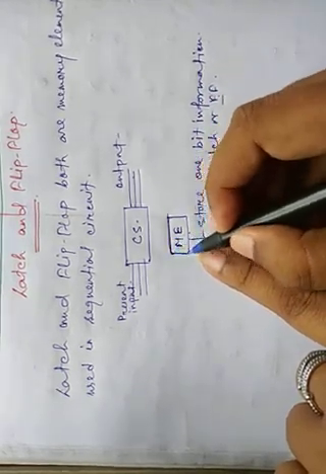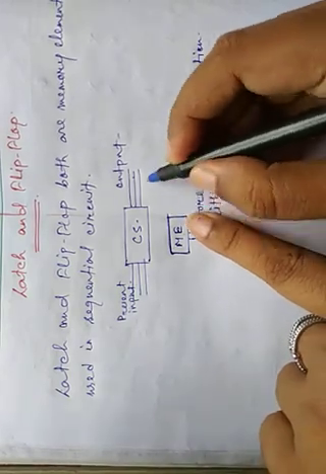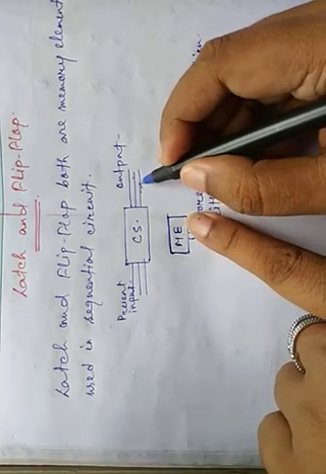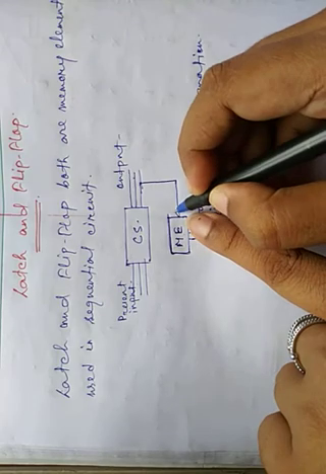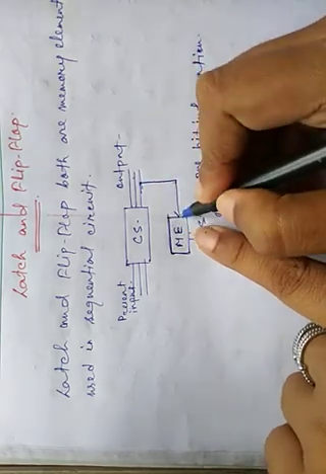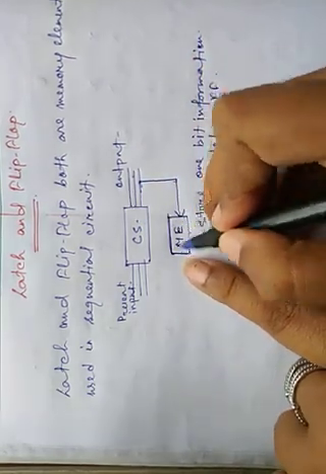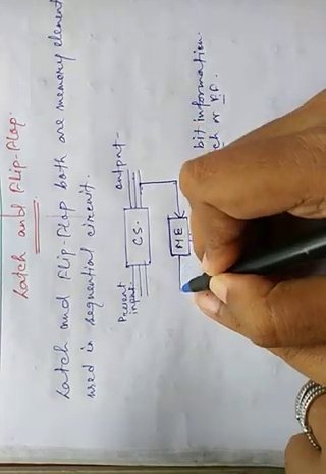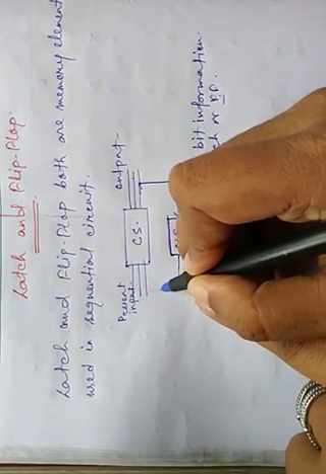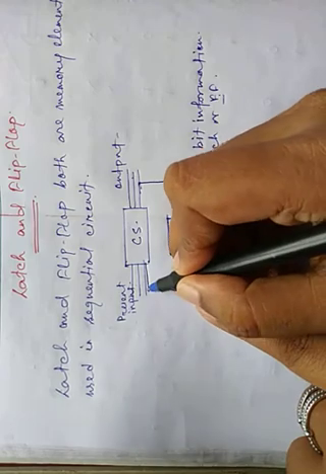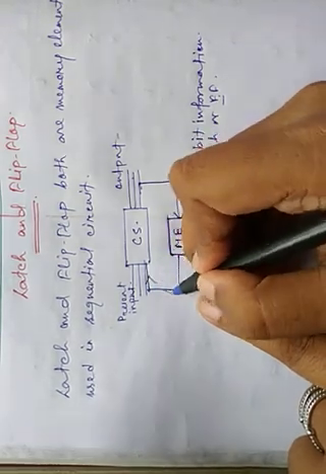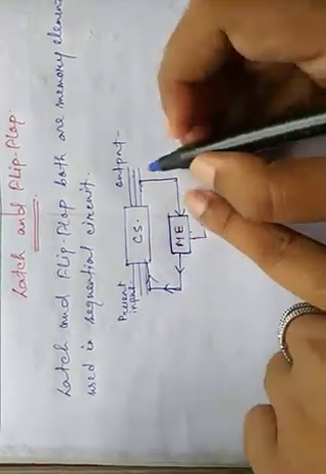If the latch and flip-flop are used as this memory element, the input of this memory element is the output of any combinational circuit, and this output again goes as feedback to the input of the circuit.